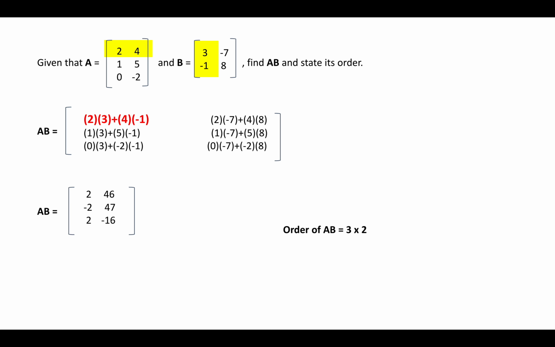In this case, it is 2 times 3 plus 4 times negative 1. And we repeat the process for each element in the final result, which is AB.